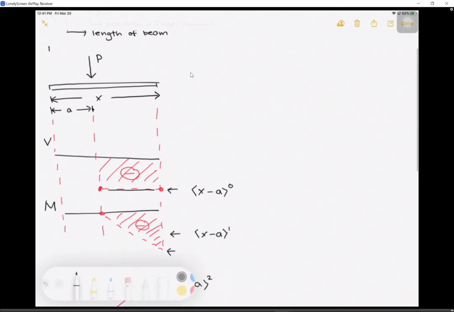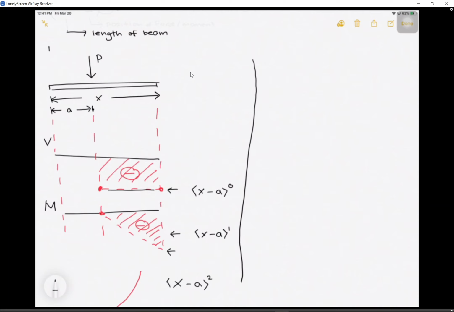Now we can summarize this with this diagram right here. Let's draw a line, and say we have from 0 to x a plot which looks something like this. This is defined by x minus a raised to 0.